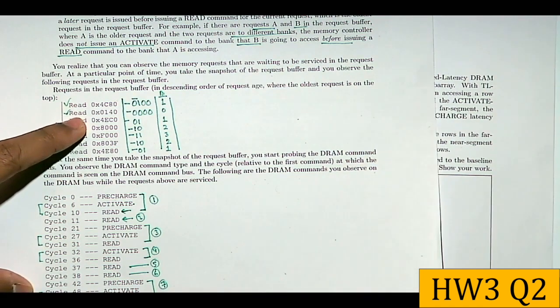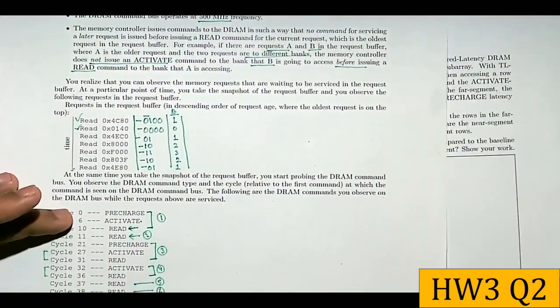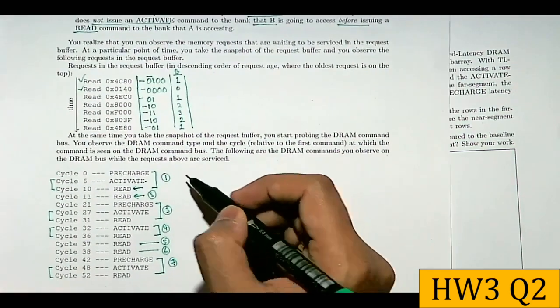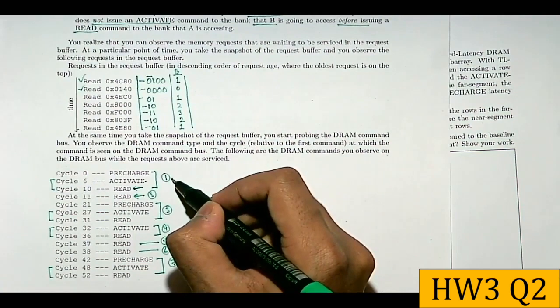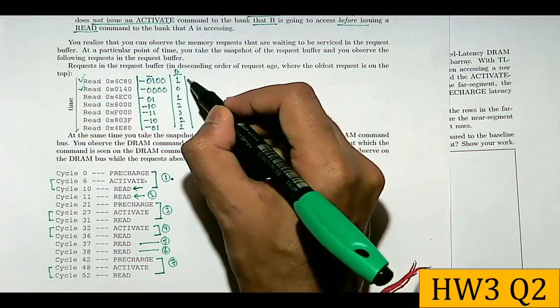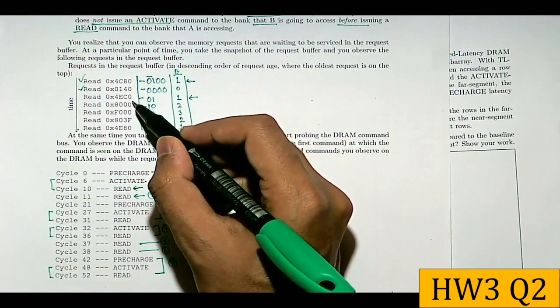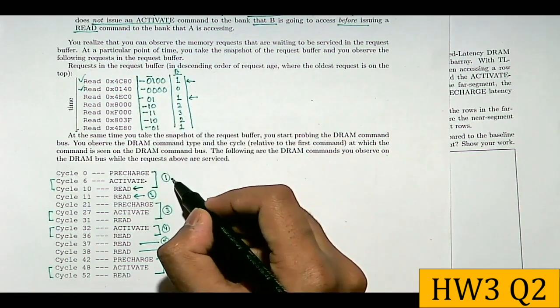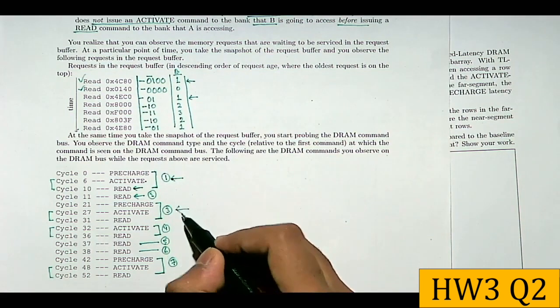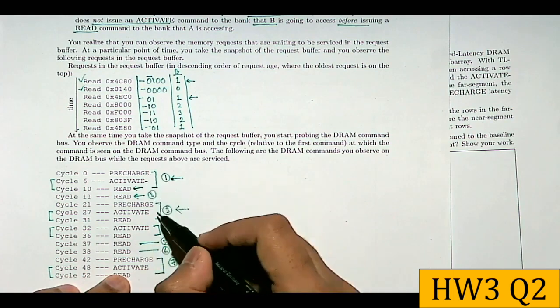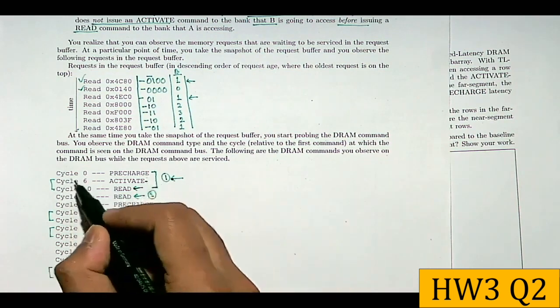Okay. So now the question is activate to pre-charge latency. Let's see, the activate to pre-charge. Now if you see, let's say access 1 and access 3, these two accesses are going to the same bank. Make sense? So you should be worrying about the activate to pre-charge latency between these two cycle counts.